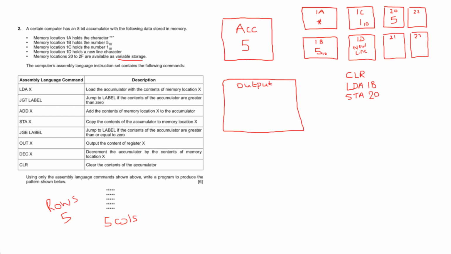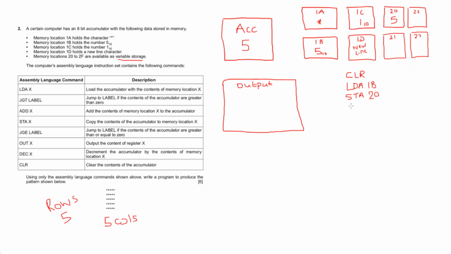Now, what I'm going to do next is think about where my rows and columns are going to go. Now I need 5 for my rows and 5 for my columns. And every time I start a new row, I want to make sure that I refresh 5 onto the accumulator, because this might not always be 5.